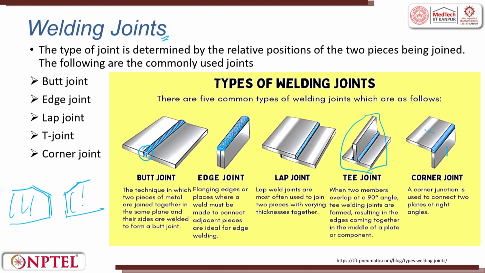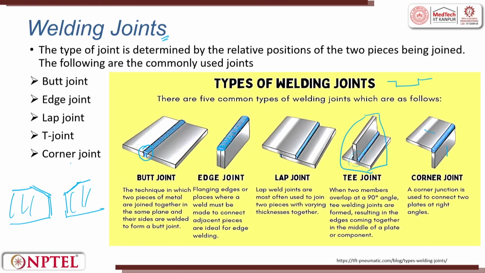This is metal, this is metal. So, this is how it will be. In the same way here also you will try to have a trench like this. Again this is called a root, because between the two metal pieces the weld has to flow inside, right. So, these are the different types of joints, and the most commonly used are the butt joint, lap joint and T joint. They are very, very common.